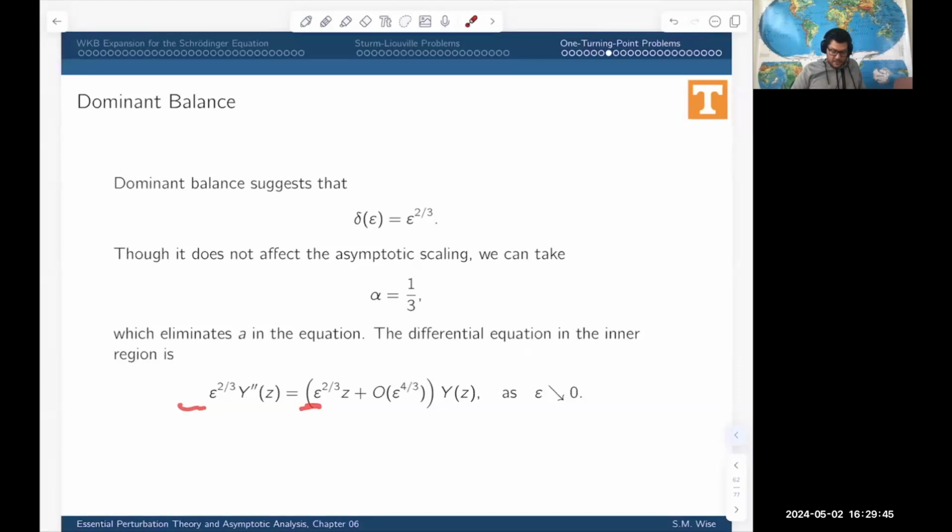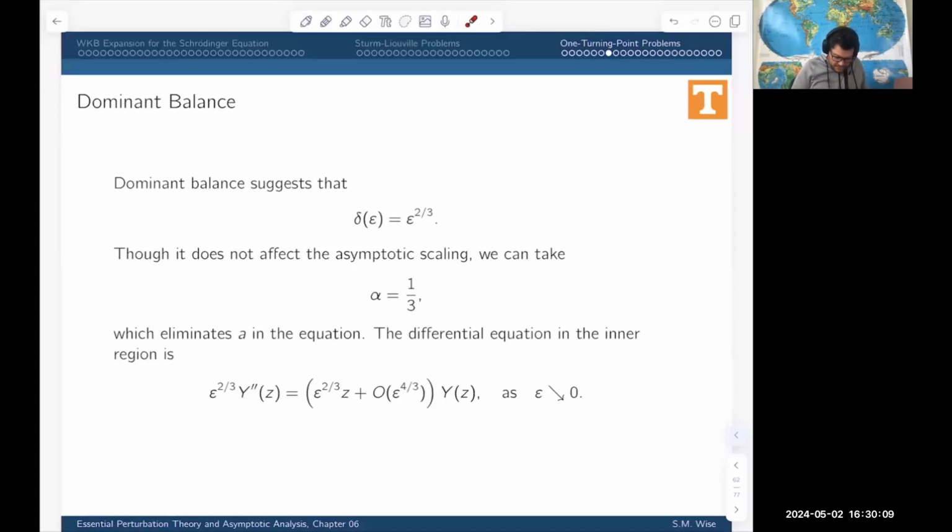There was an a term here and here. Now this is epsilon to the 2/3, epsilon to the 2/3, and this works out to be order delta squared. Delta is 2/3, so this works out to be 4/3.